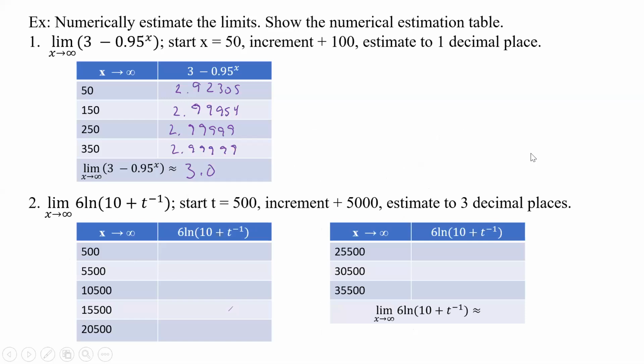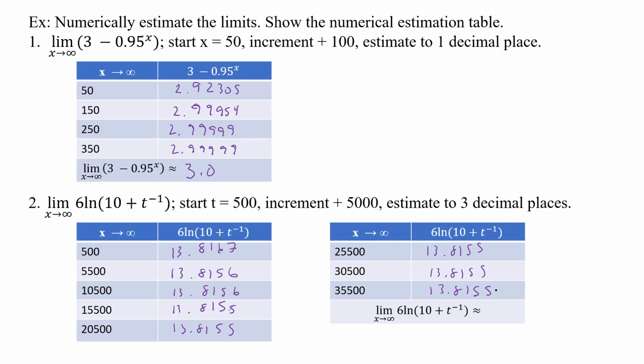Here, again, to 3 decimal places, we had 13.8167, then 13.8156, 13.8156, and then 13.8155 repeated several times, and you know we had 27.